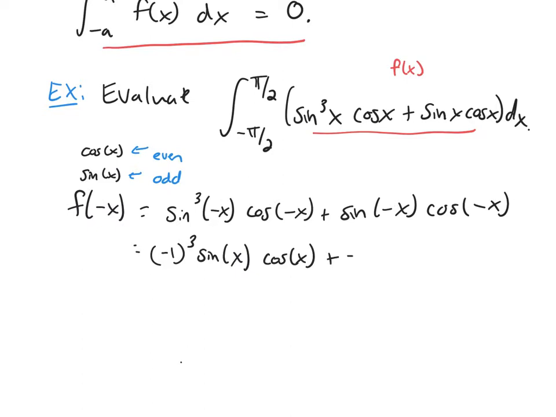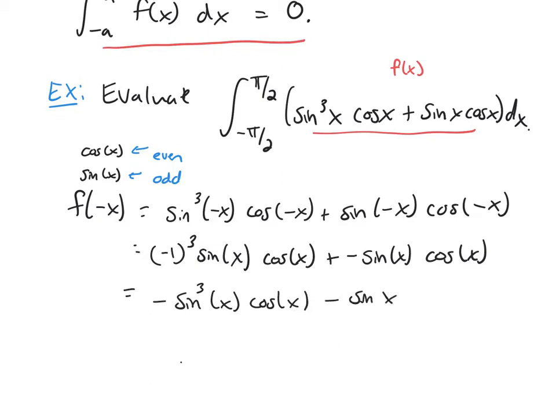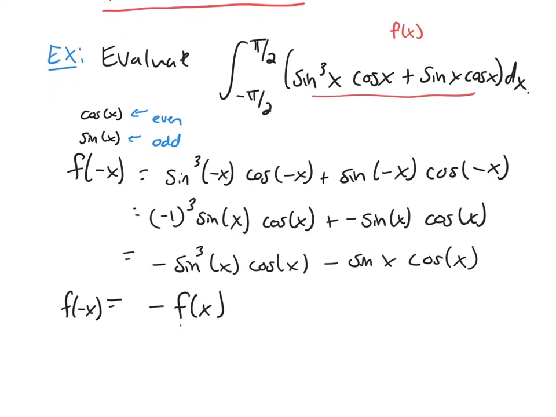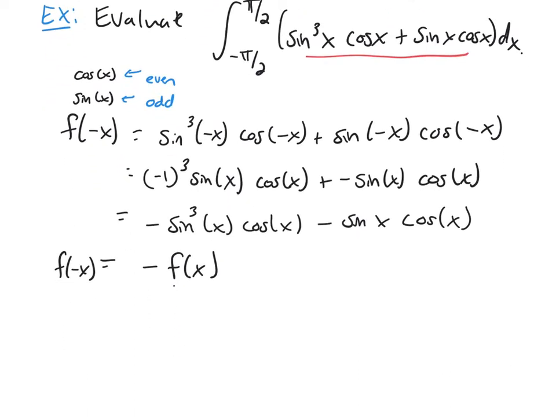You get a negative here, and cosine of negative x is cosine of x. So you're getting negative sine cubed x cosine x, minus sine x cosine x. Now this isn't equal to the original function, but it is equal to the negative of our original function. So what that means is that f of x is odd. So f is an odd function.